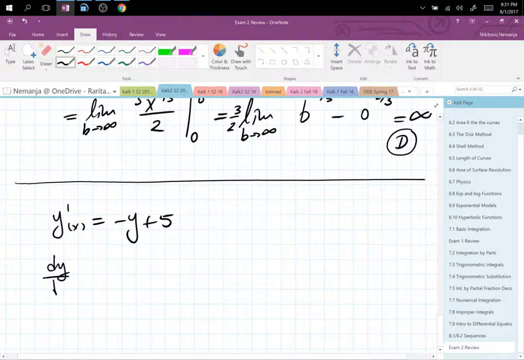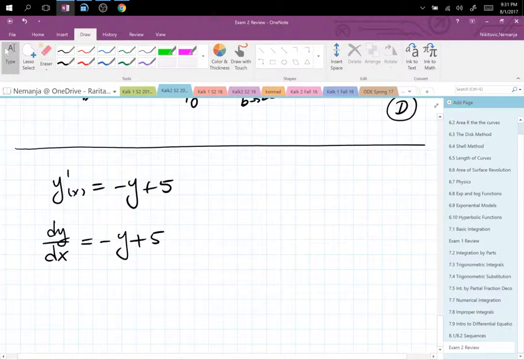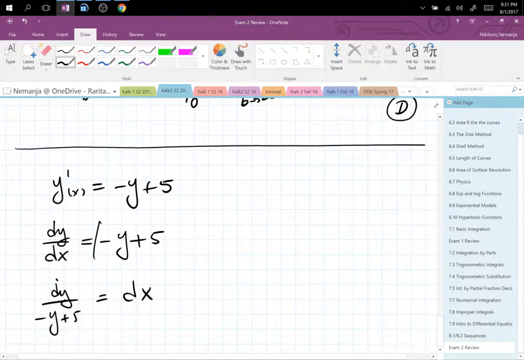So dy/dx is negative y plus 5, and we do the separation of variables: dy over negative y plus 5 is equal to dx. So all of this becomes one block, because you really can't get rid of this plus 5, so you have to take the whole thing down.